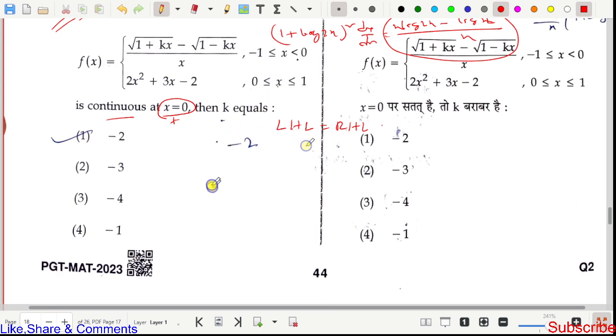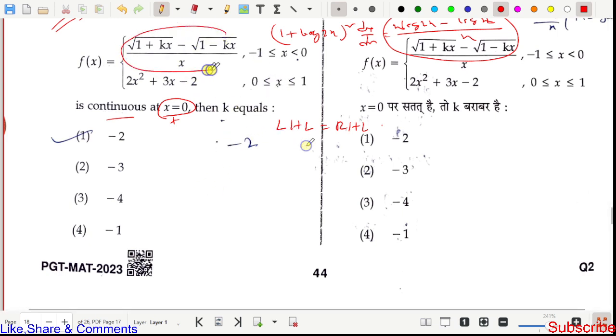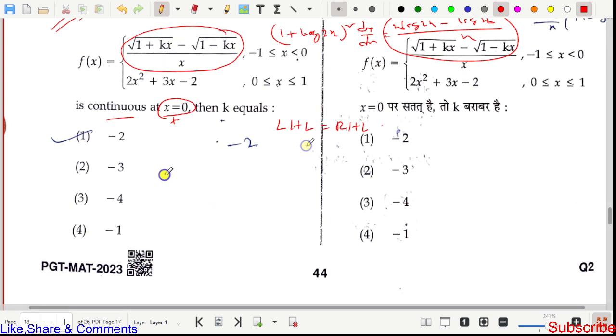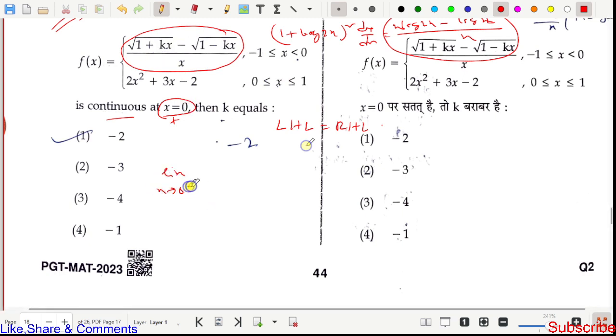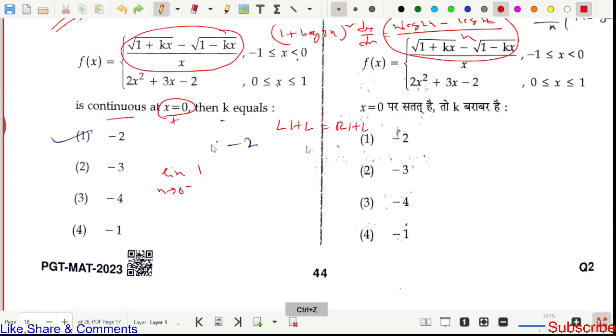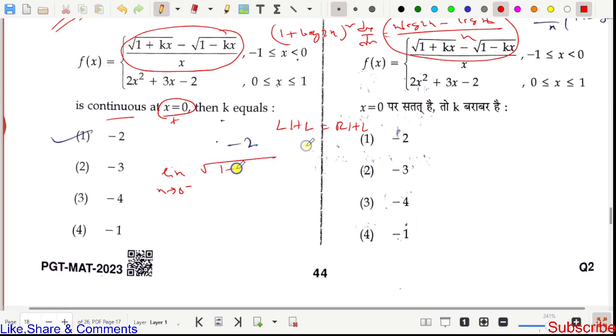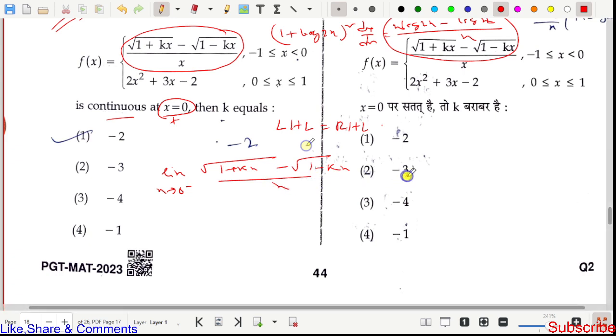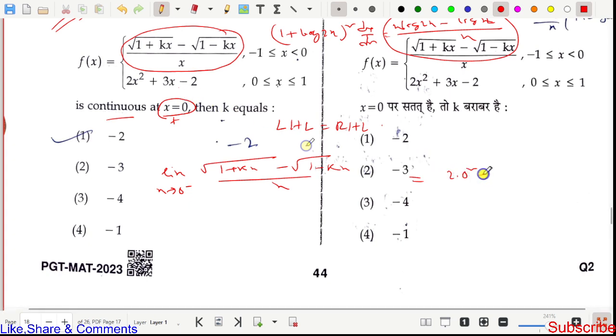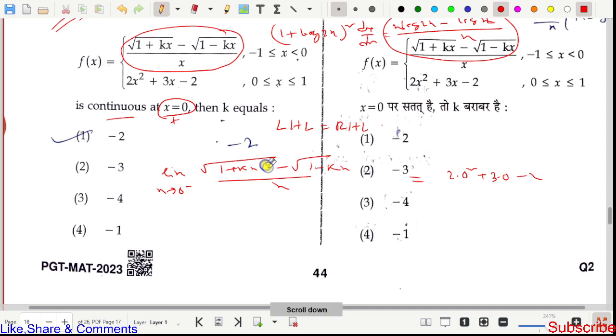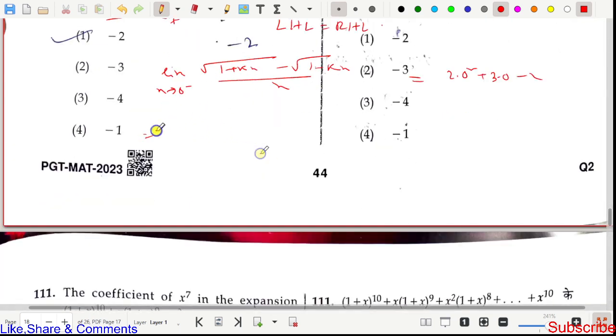If we find the left hand limit, it will be applied on the left hand function, that means limit x tends to 0 minus of root over 1 plus kx minus root over 1 minus kx divided by x. In the right side function is this, so directly we can substitute here, 2 into 0 square plus 3 into 0 minus 2. So this limit we need to find out.